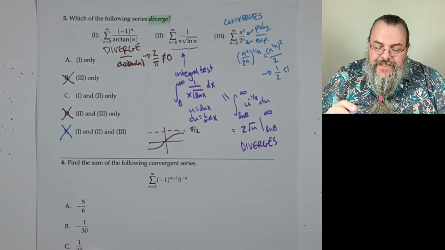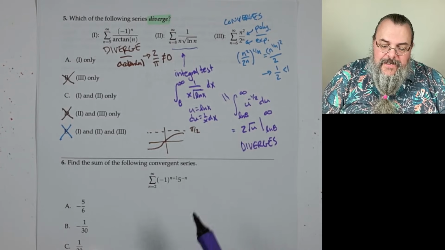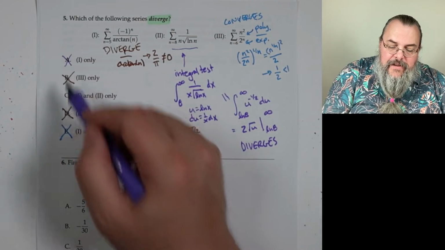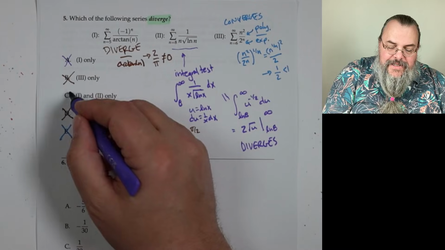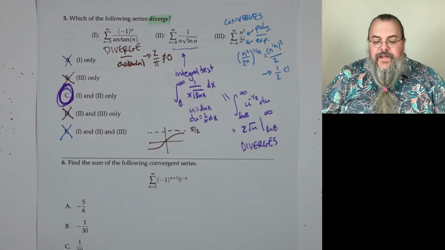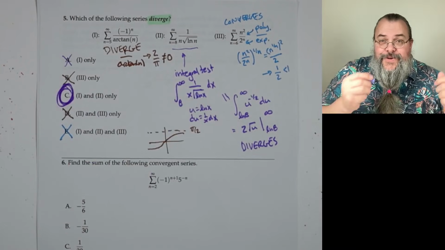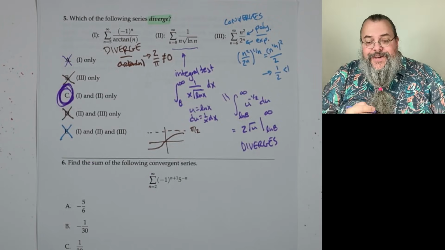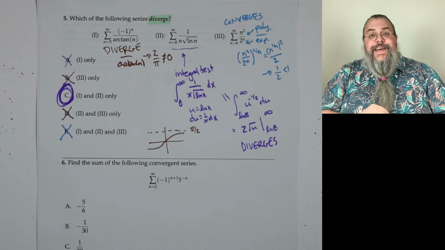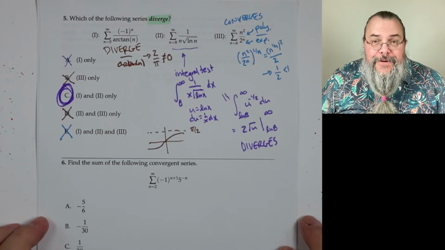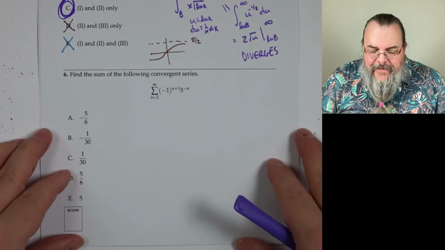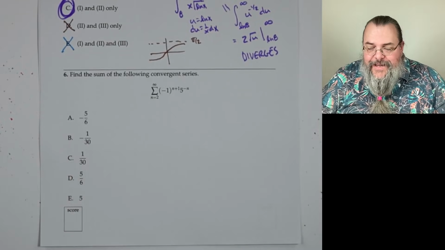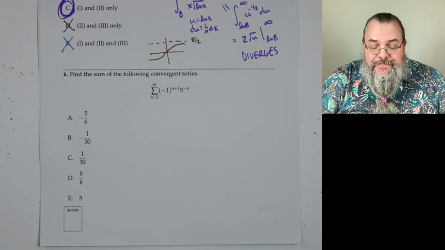So 2 is in. So A is out because it doesn't include 2. The answer is C. 1 and 2 diverge, and 3 doesn't. Okay, whew, that was a good one. All right, now that brings us to our last multiple choice problem.